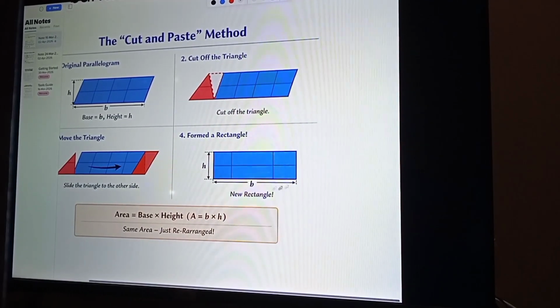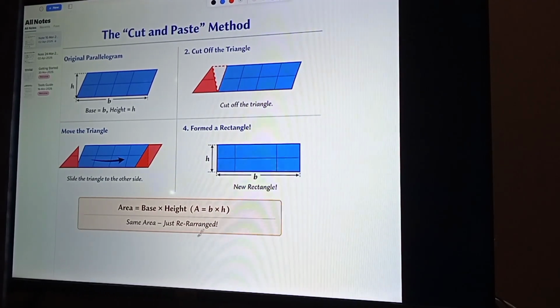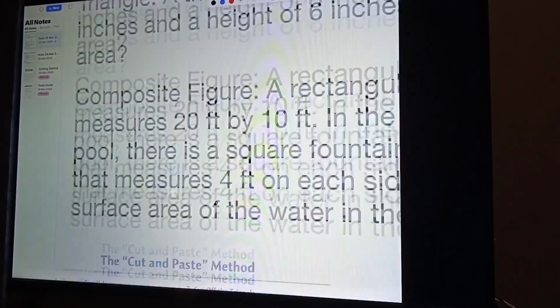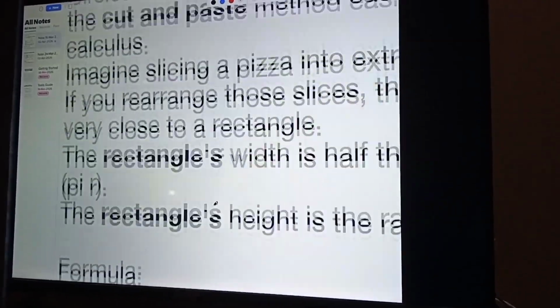So base into height, that was length into height, and here you need to be careful about the base. There is a difference between base and length. So base into height gives you the same formula of the rectangle just after the rearrangement. The same thing is explained here.